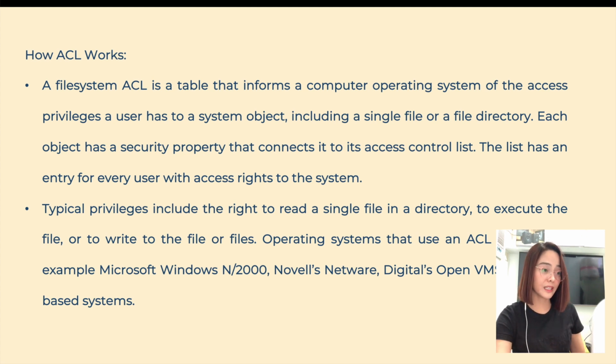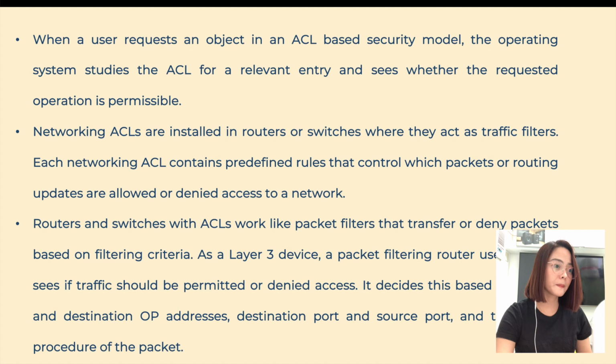The list has an entry for every user with access rights to the system. Typical privileges include the right to read a single file in a directory, to execute the file, or to write to the file or files. Operating systems that use an ACL include, for example, Microsoft Windows 2000, Novell NetWare, Digital's OpenVMS, and Unix-based systems.